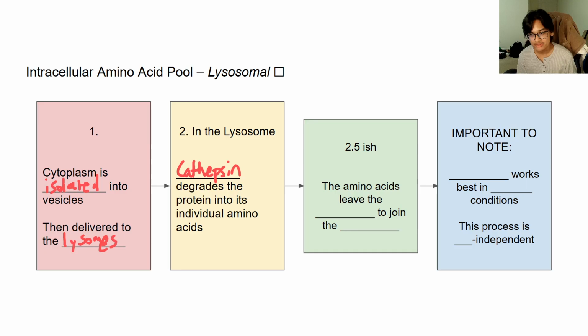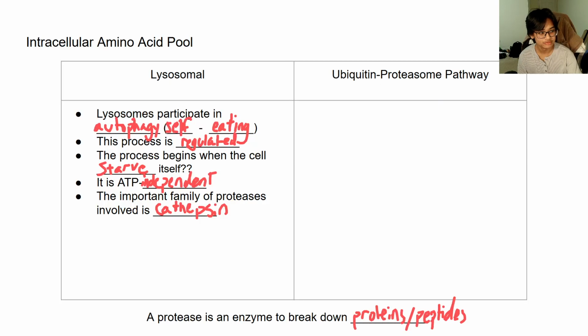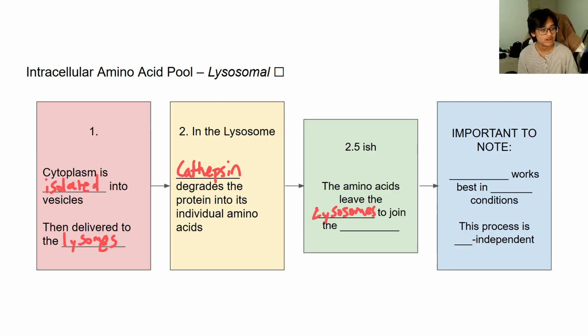This is about 2.5, this is how we're going to go. So the amino acid then leaves the lysosome. Where does it join? The pool, technically the cellular amino acid pool, if we really want to be more specific.